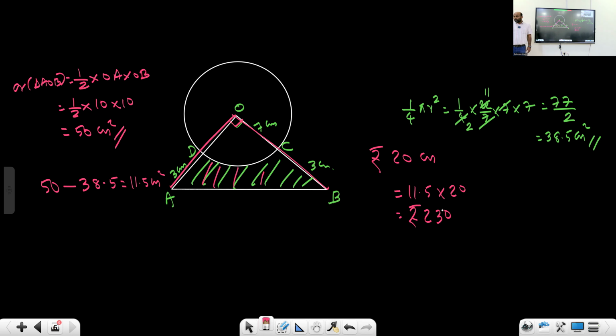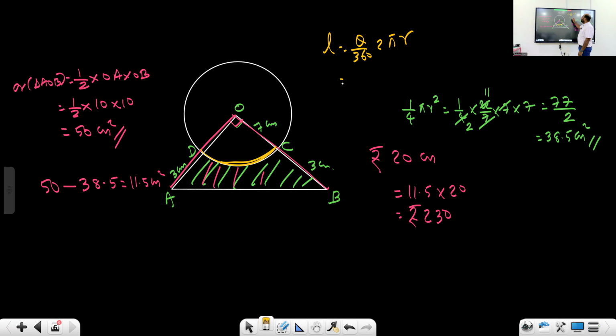What's the OR question? For the exam, you need not do the OR question, but I'm teaching everything. See, this is the length of the arc. What is the length of the arc formula? Length of the arc is theta by 360 into 2 pi r. Or 1 by 4 into 2 pi r, but better use the common result.